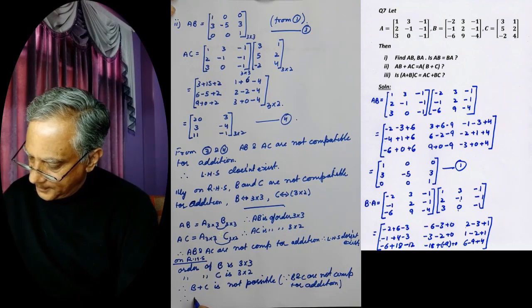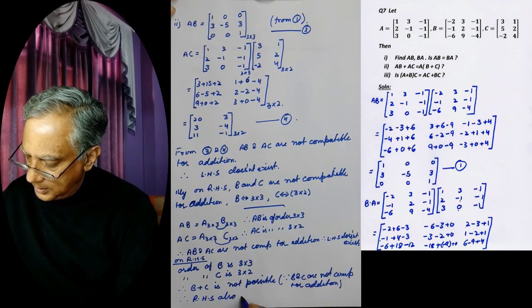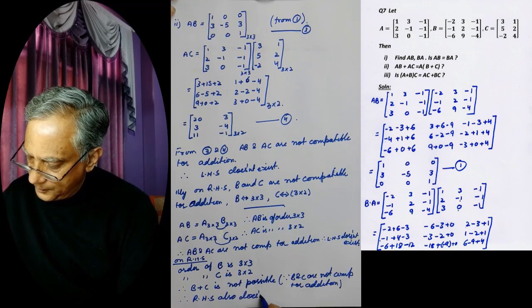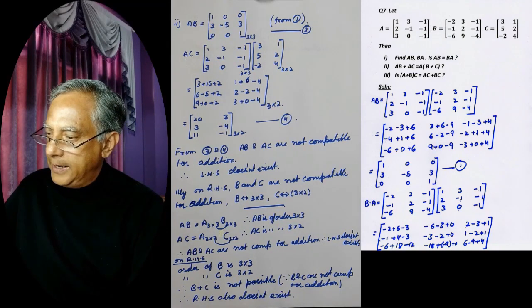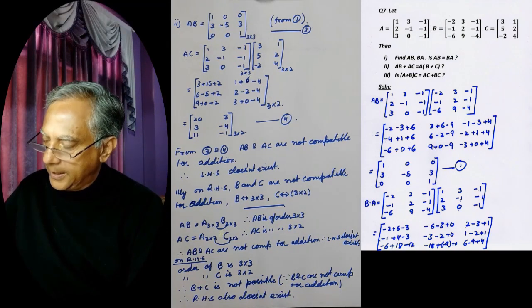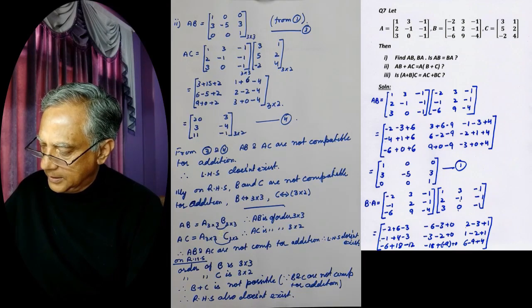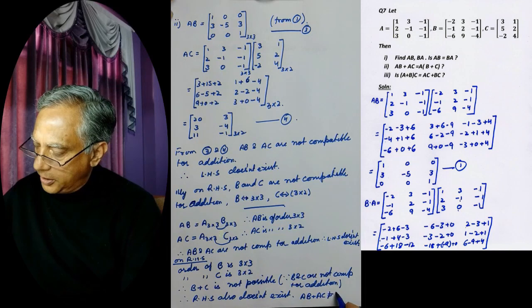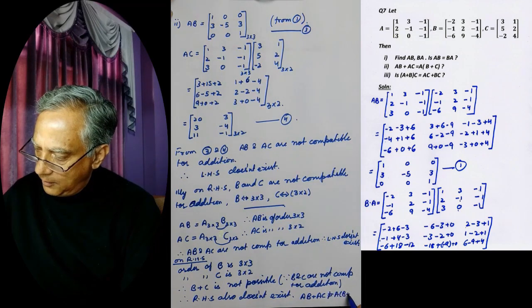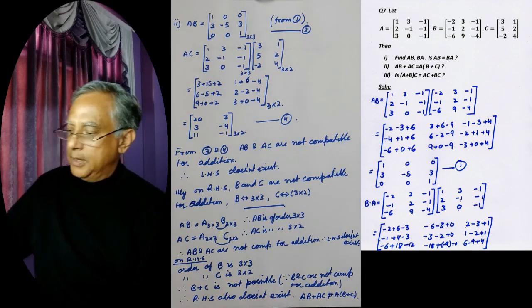Therefore, RHS also doesn't exist. Therefore, both left hand side and right hand side do not exist. Therefore, AB plus AC is not equal to A into B plus C.